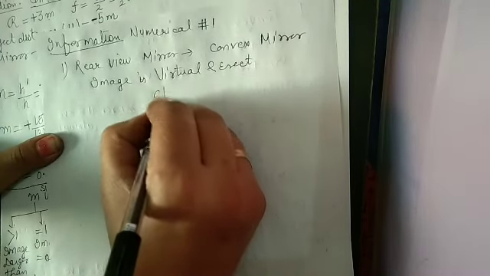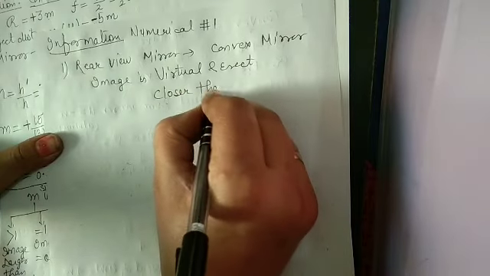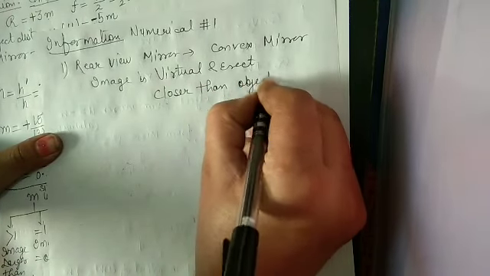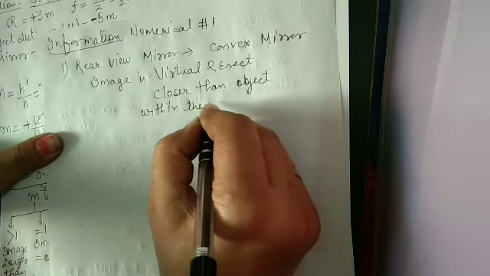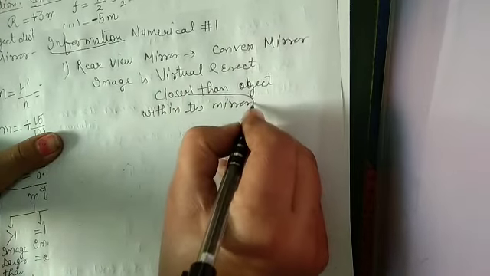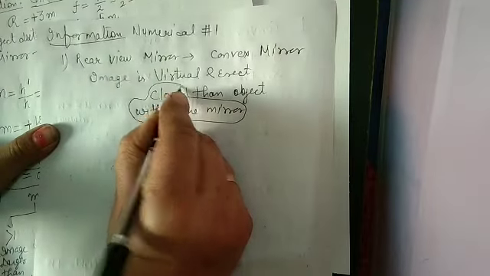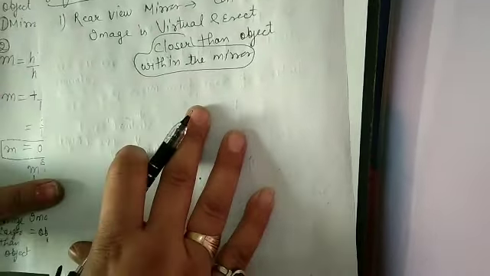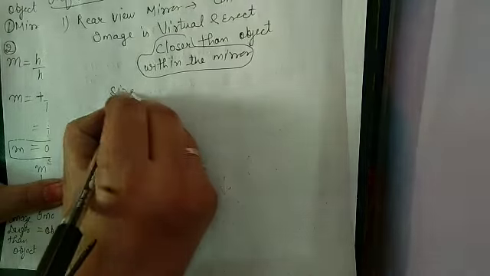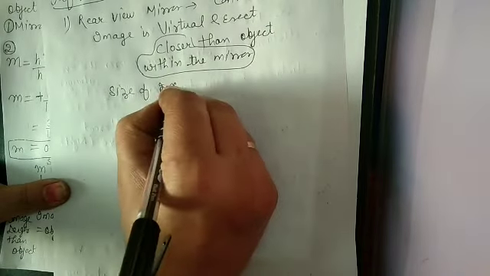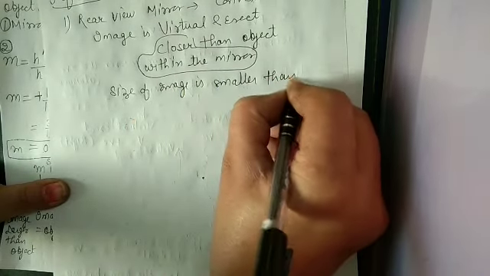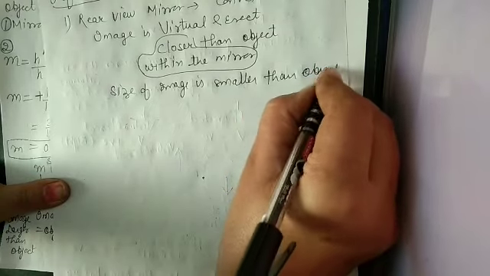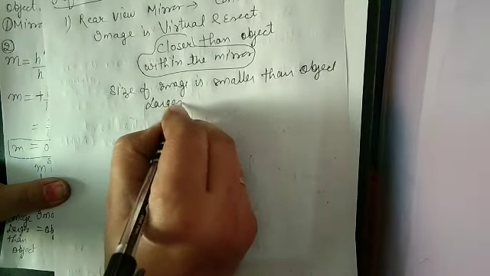Image is closer than object. Image is within the mirror, but object is outside the mirror. So image formed within the mirror is closer than object. Clear up to now? Next, size of image is smaller than size of object. Okay. Larger field of view, far away things are visible.